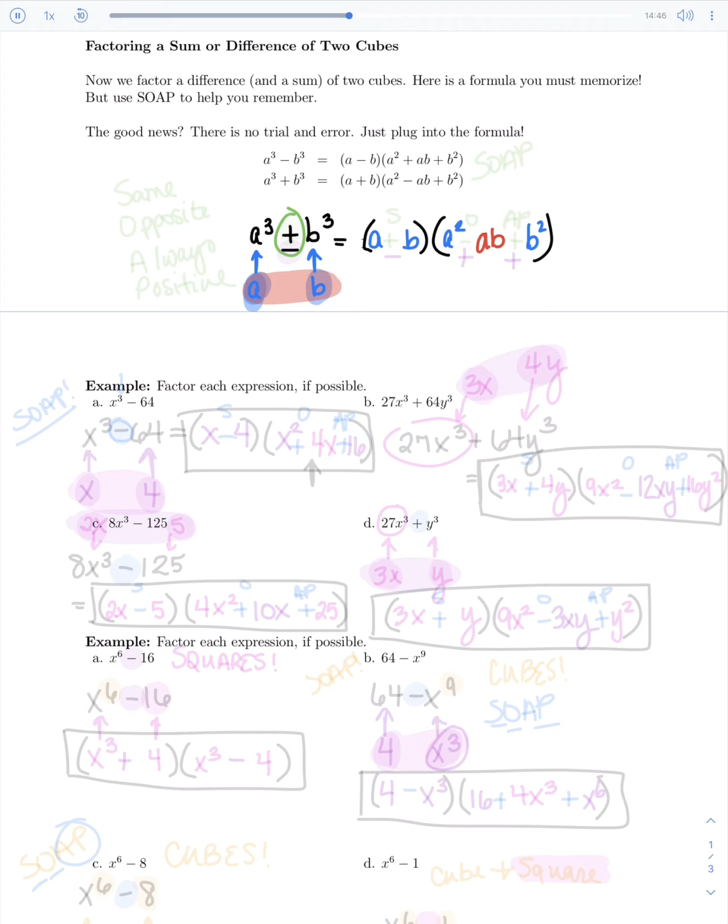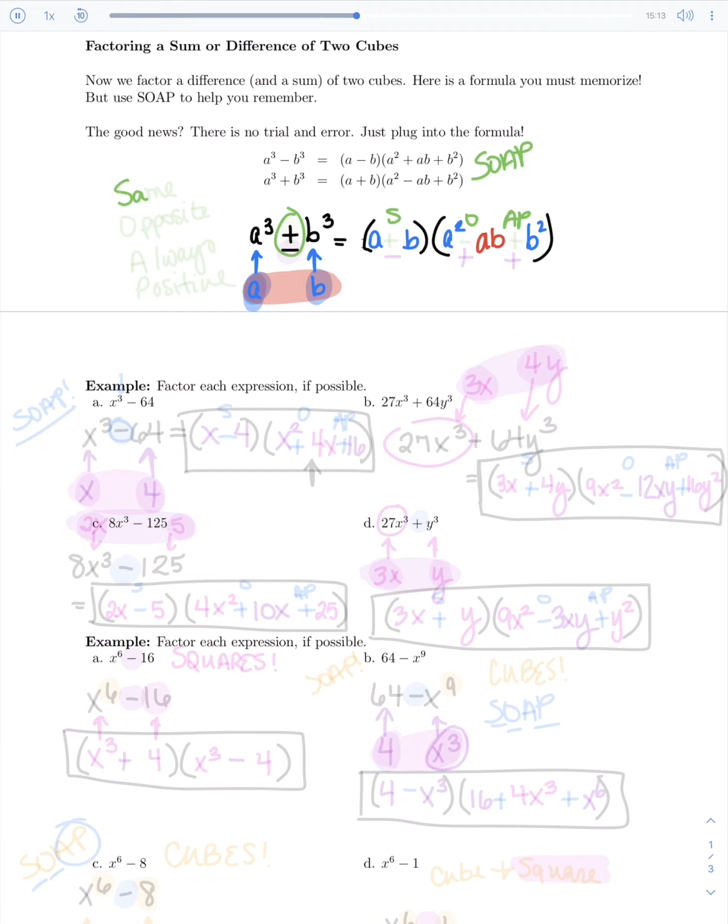What's going to happen with the plus or minus in the middle is what's going to determine all the signs in the two pieces on the right when you're factoring. So what's going to determine those signs is something called SOAP. And so the S will determine the first one, the O will determine the second one, and the AP in SOAP will determine the last sign. What does SOAP stand for?